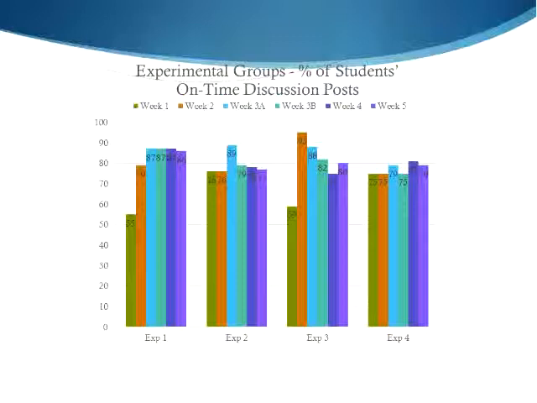We also had, for experimental group 3, 59% of the students posting on time for week 1, and by week 5 it was 80%, with a high of 95% in week 2. And so it was over 20% that we noticed for the increase of on-time discussion postings. And finally, with experimental group 4, it expanded from 75 to 79%, or 4%.